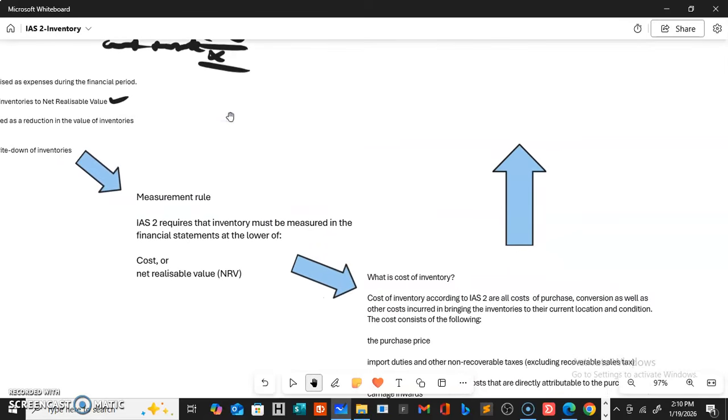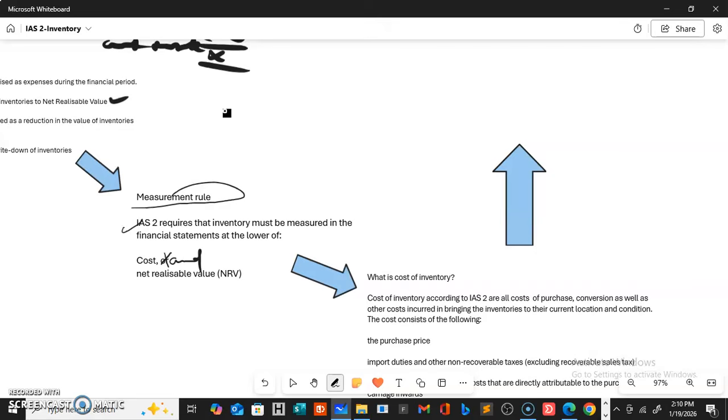So how do we measure? The measurement rule in IAS 2 requires that inventory must be measured in the financial statements at the lower of cost and net realizable value.